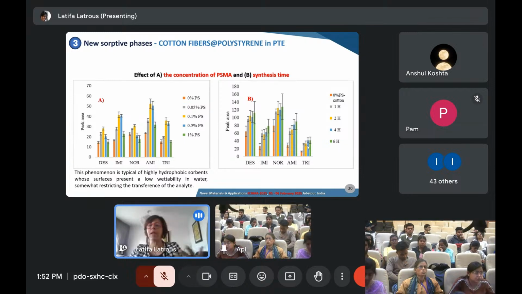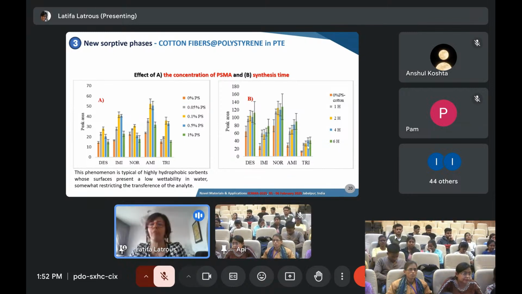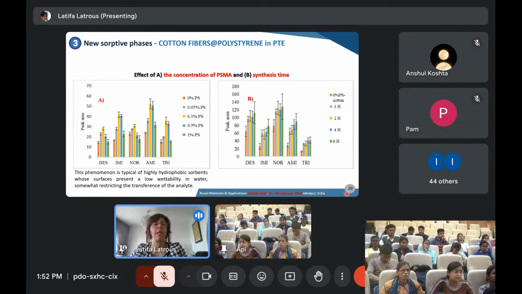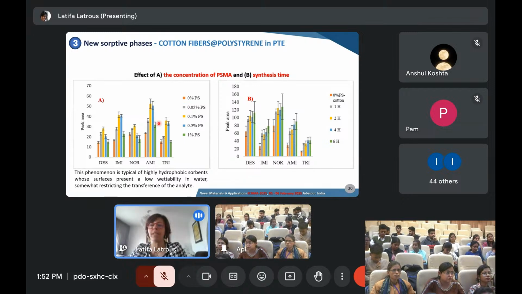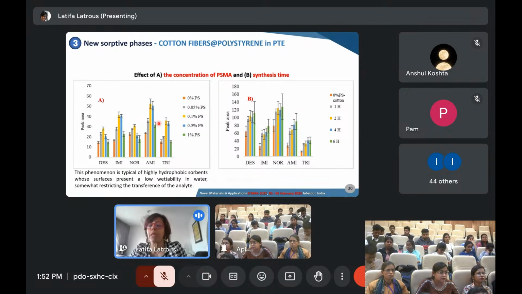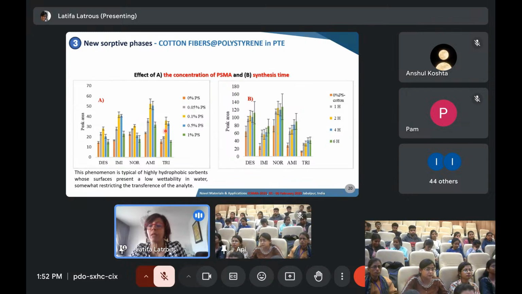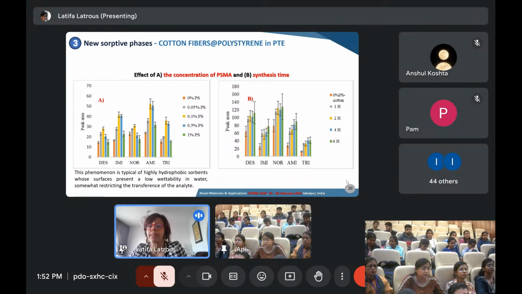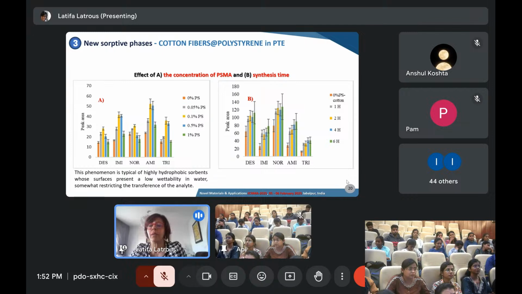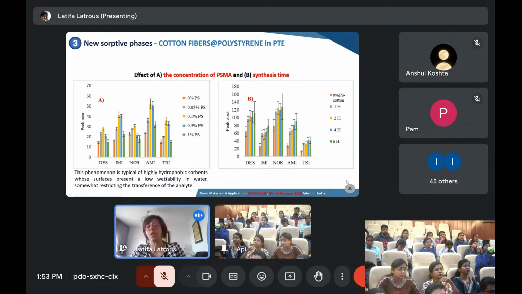However, when we tried a higher amount of polystyrene, the extraction rate is reduced. This phenomenon is typical of highly hydrophobic sorbents whose surface presents a low wettability in water, somewhat restricting the transference of the analyte.